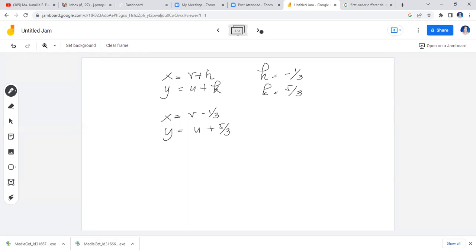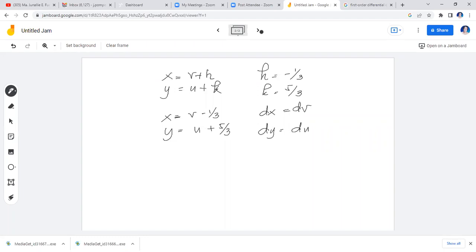So you have two equations to differentiate. Differentiating x equal to v minus 1/3 would yield dx equal to dv, since the derivative of a constant is 0, and dy equal to du, because the derivative of 5/3 is also 0.